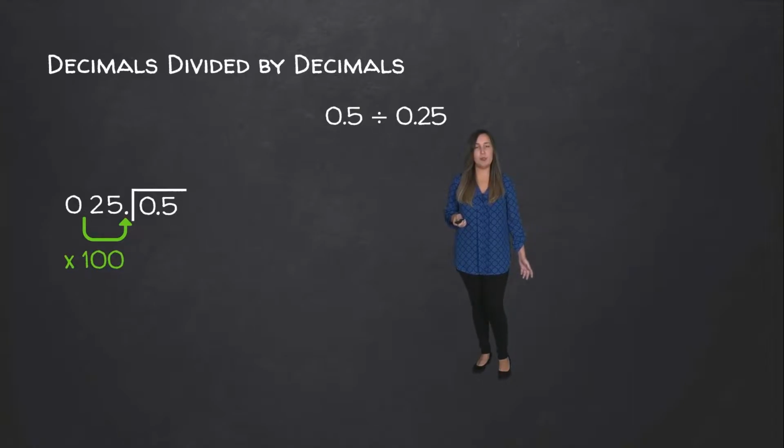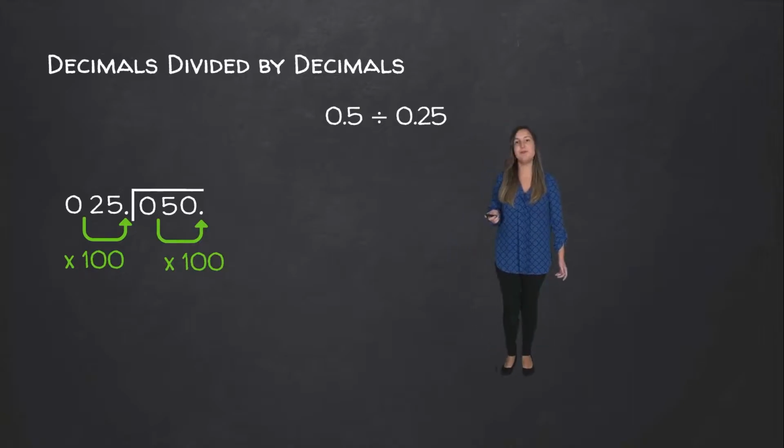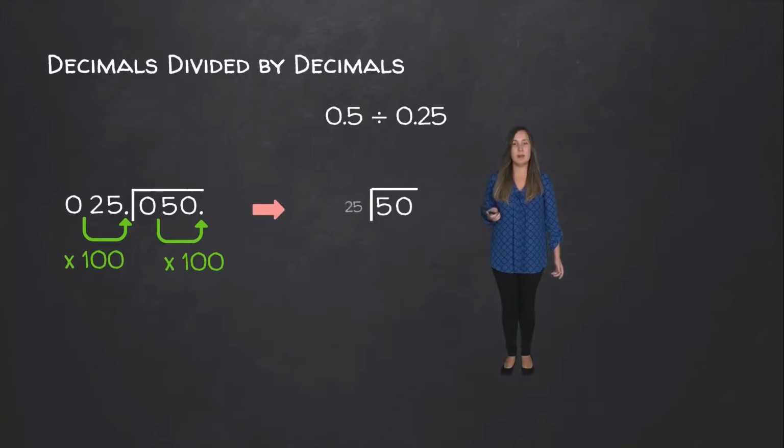And whatever we do to our divisor, we also have to do to our dividend. So we multiply both of them by 100. So we know that 5/10 divided by 25/100 is the same as 50 divided by 25. The value, the answer, the quotient will be the same.